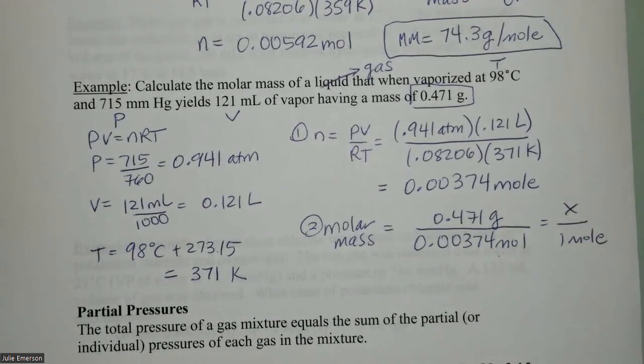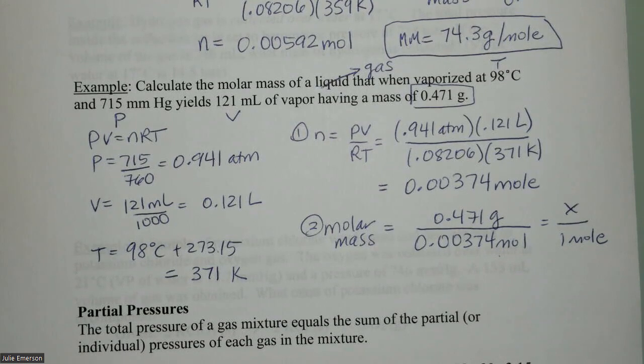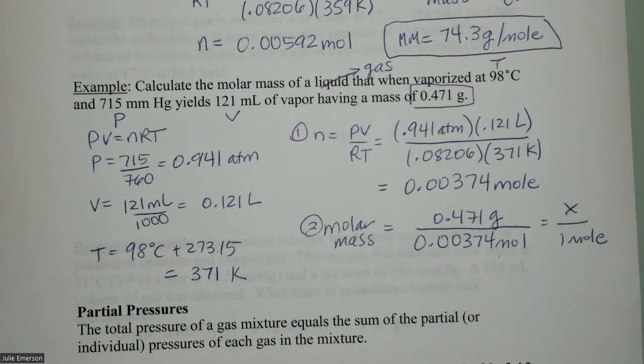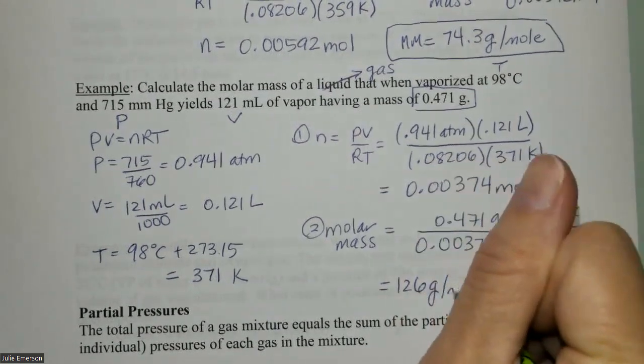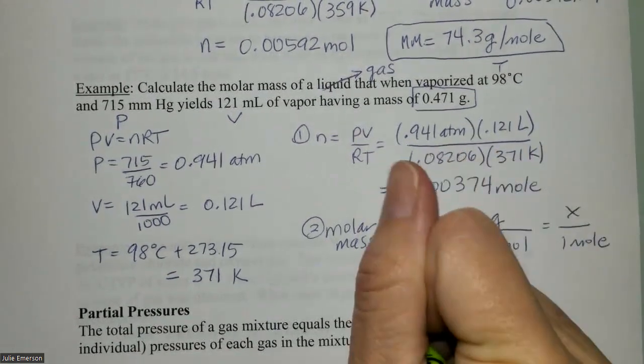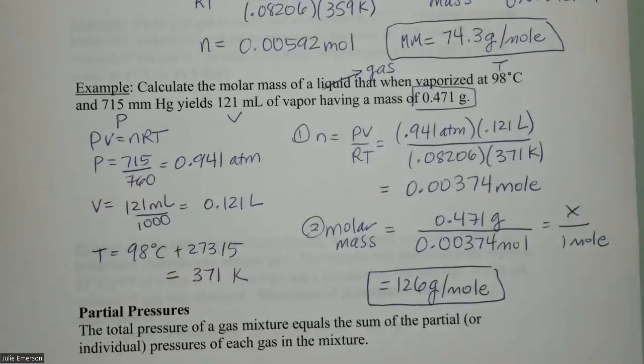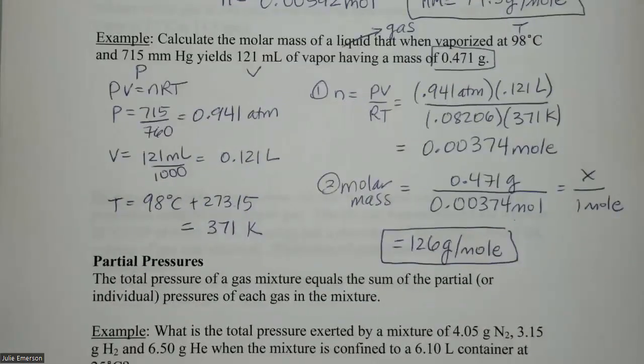But I like the units. Units always do the work for you. So we're going to take 0.471, divide by 0.00374, and I get a molar mass of 126 grams per mole. So that would be the molar mass of whatever that unknown substance was.